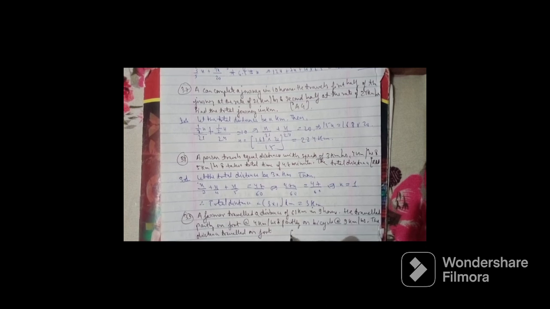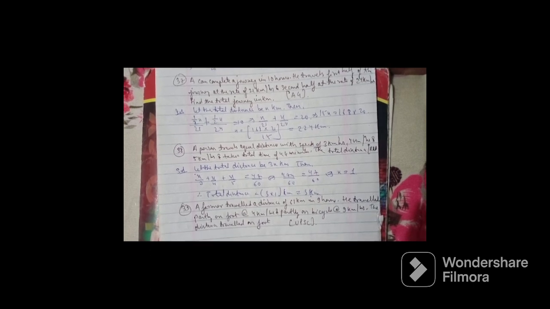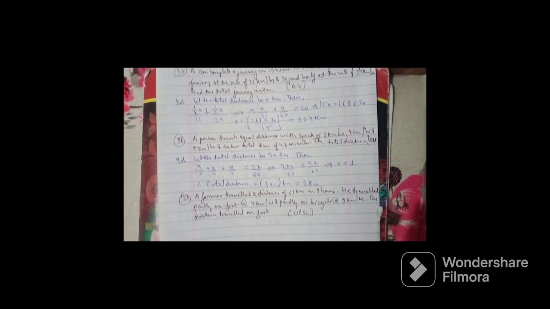This has been asked in UPSC examination paper. Options are 14 km, 15 km, 16 km and 17 km. So we go for the same. Let the distance traveled on foot be x kilometer.